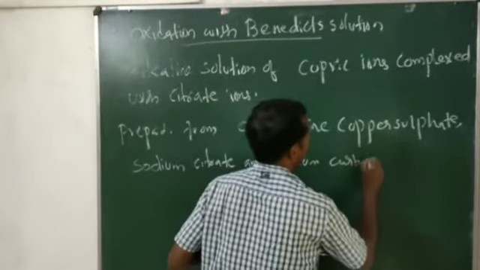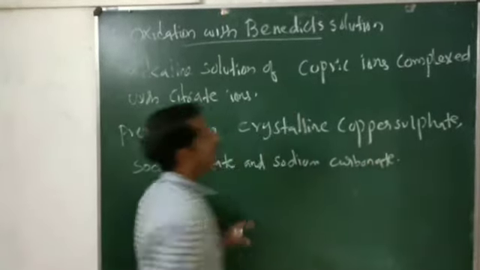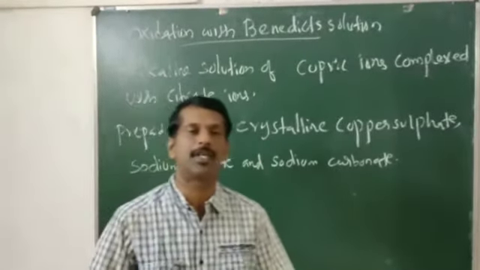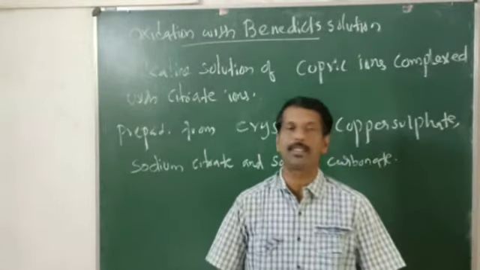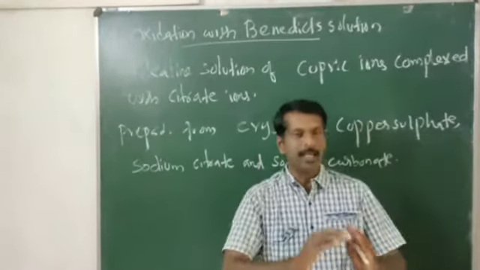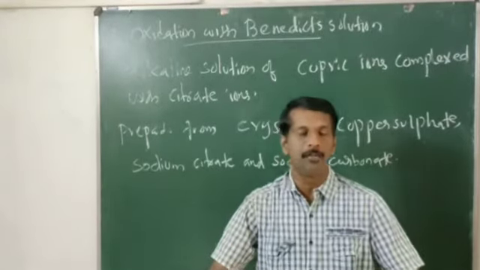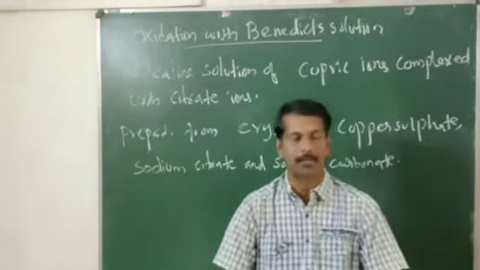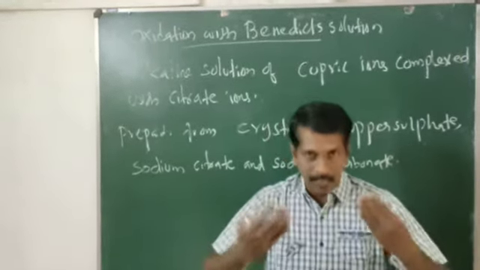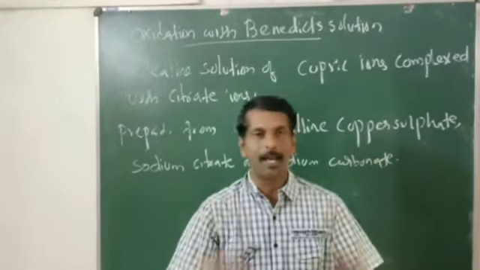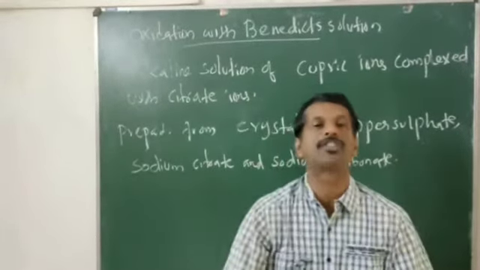Now you can see that when an aldehyde, both aliphatic and aromatic aldehyde, is treated with Benedict solution, the aldehyde will be oxidized to the corresponding carboxylate ion or carboxylic acid. At the same time, Benedict solution is reduced to red-brown cuprous oxide.